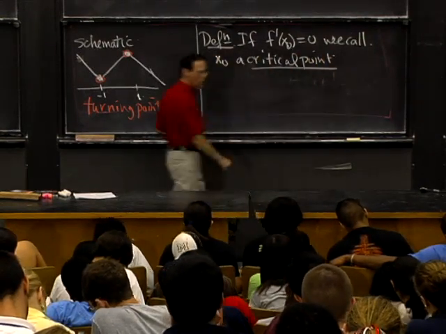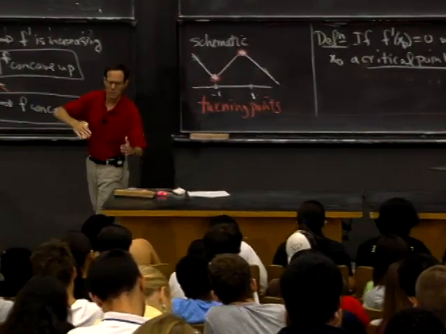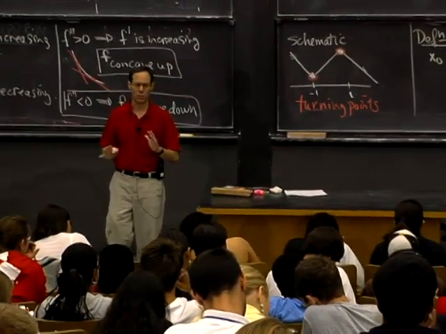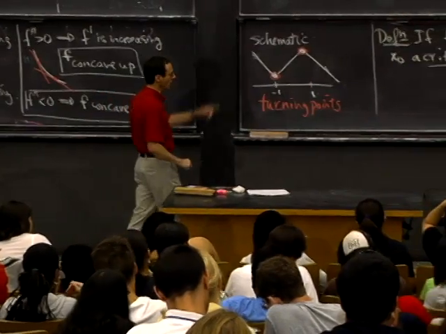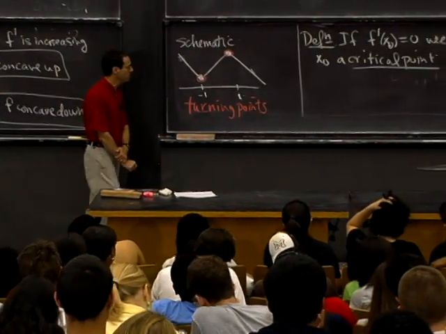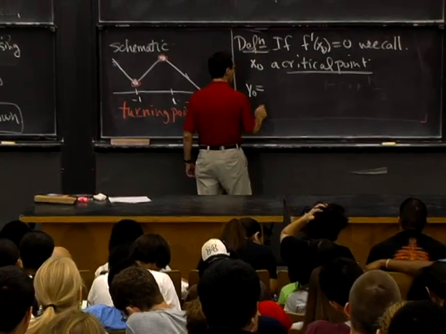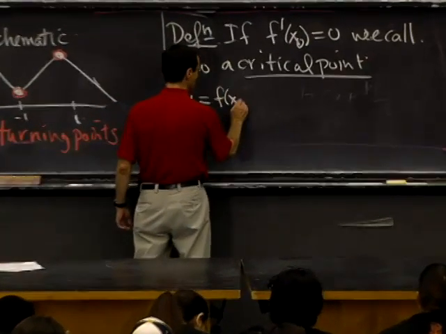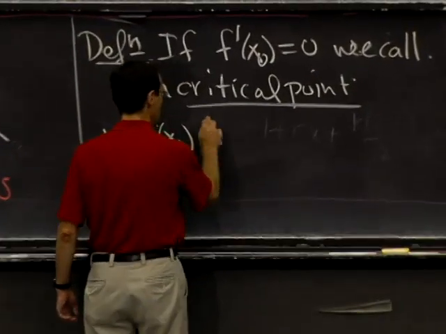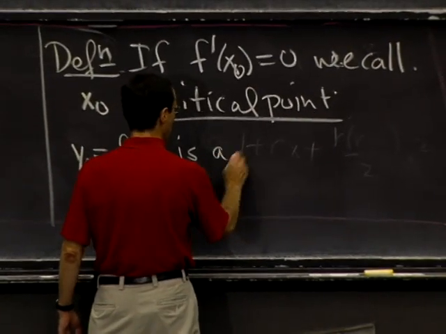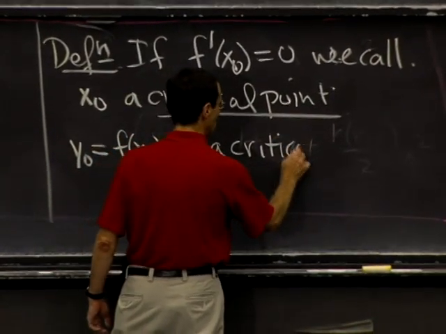Okay, the word turning point is not used just because, in fact, it doesn't have to turn around at those points. But certainly, if it turns around, then this will happen. And we also have another notation, which is the number y0, which is f of x0, is called a critical value.